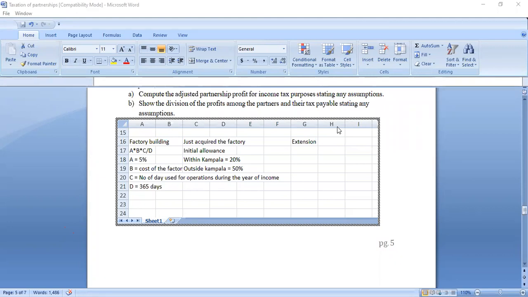So that extension, we're saying you treat it as if it is a new factory. You don't add the cost of the extension to the existing cost of the factory. No, you treat it as if it is a building of its own.